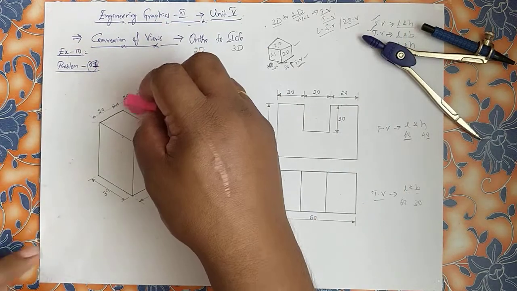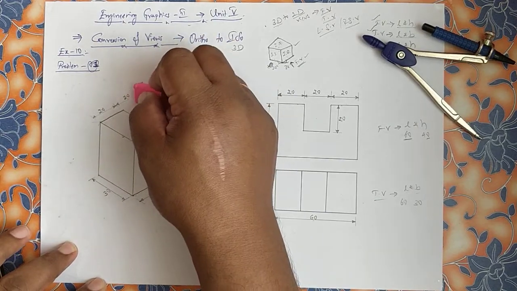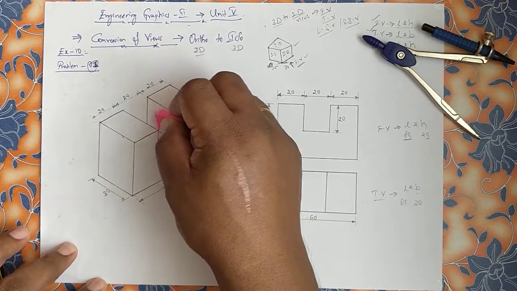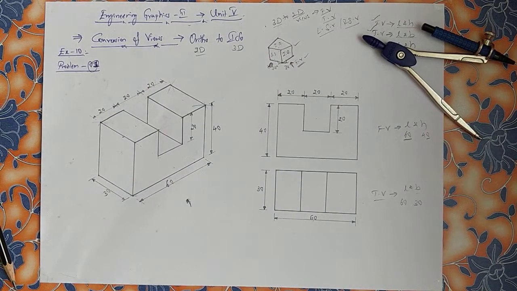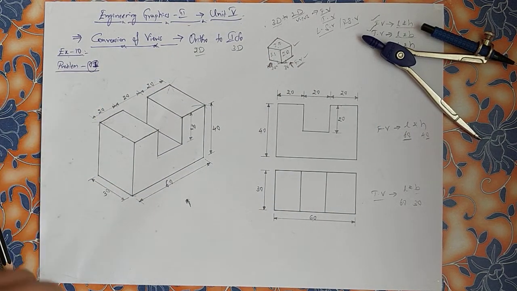Think here: drawing the light lines, erasing the unlimited lines out of the boundary, showing the three-dimensional figure within the boundary. That is your problem number 1 of exercise number 10.